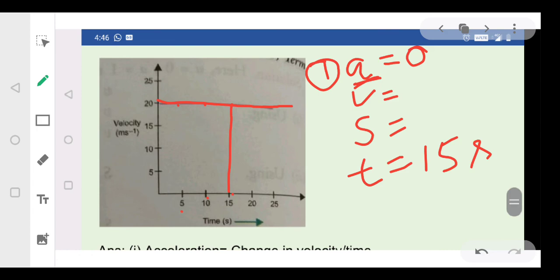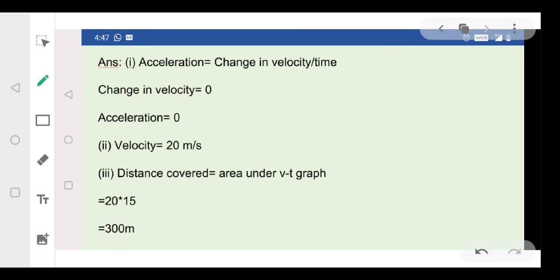Okay, next he is asking what the velocity is. Velocity is very clearly shown in the graph. Velocity is 20 meter per second. Then we have to find the distance traveled. For distance traveled, we'll have to take the area under the VT graph. From a VT graph, you remember how we can find distance traveled? It is found by taking the area under the VT graph.